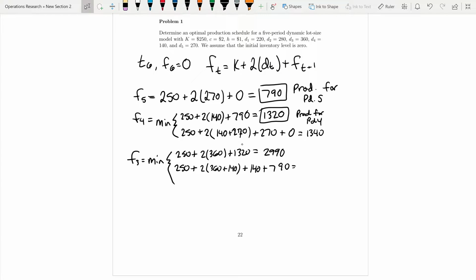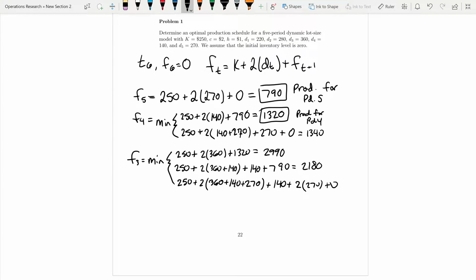That's going to give us 2180 here. Or we could produce for periods 3, 4, and 5 here, which is 2 times 360 plus 140 plus 270. Since we're doing it for 2 future periods, we do 140 alone, but then we have to do 2 times the period 2 time points away.